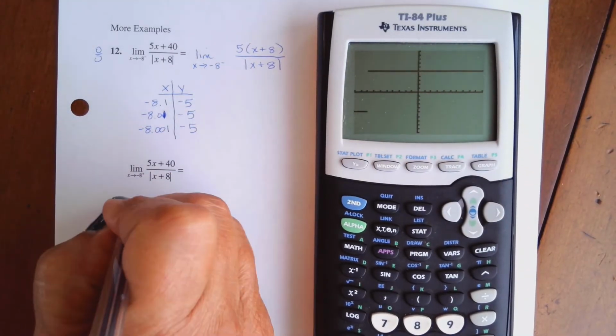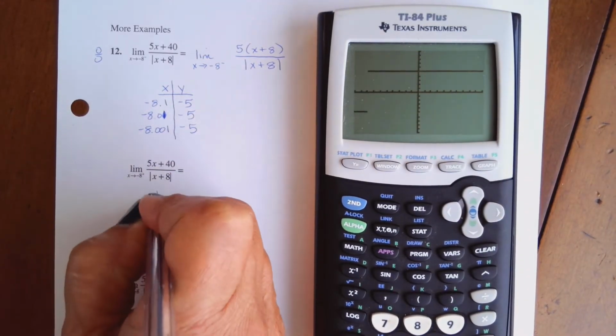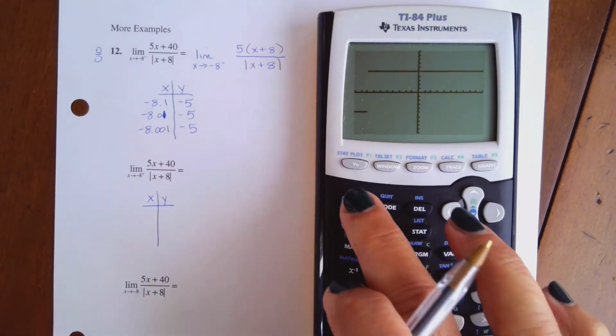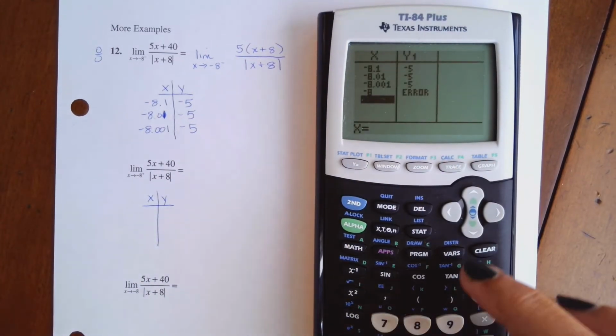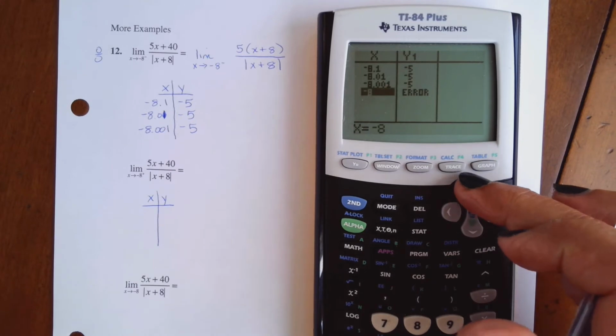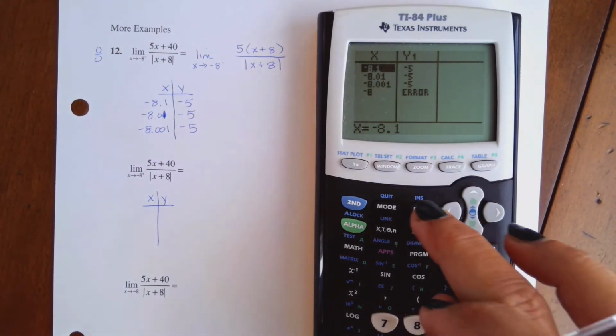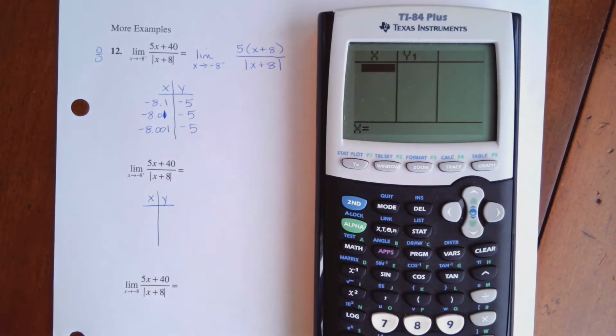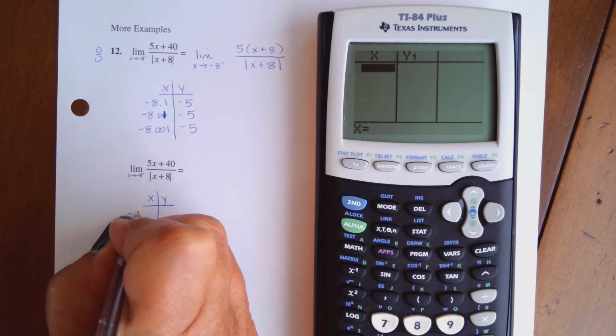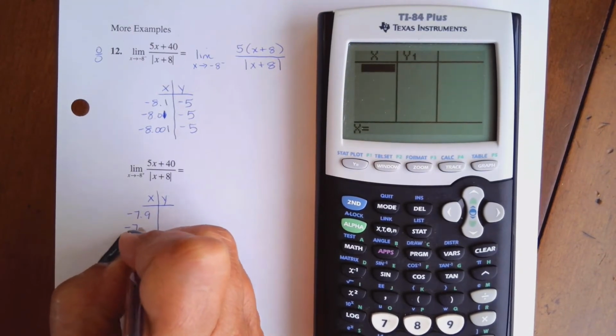So again, same thing. I go back to my table, pick numbers that are getting close to -8 from the right side. So let me delete those. Obviously, we see what we're going to get on the graph, but I would pick numbers like -7.9, -7.99.